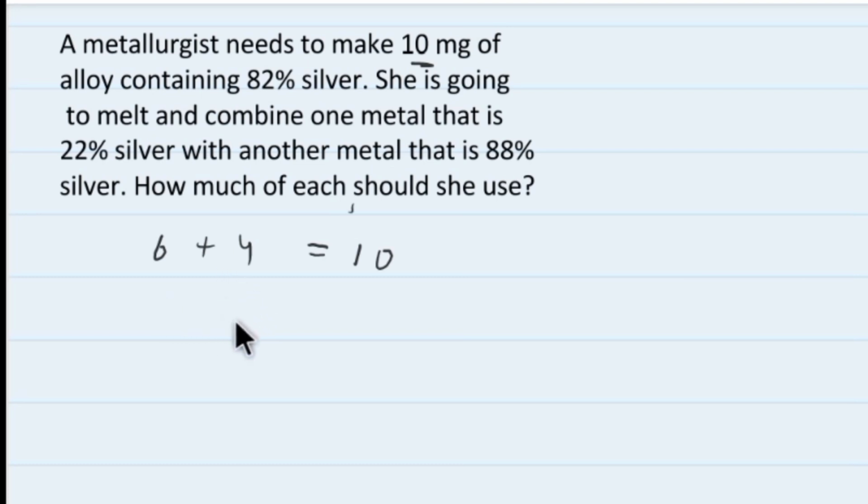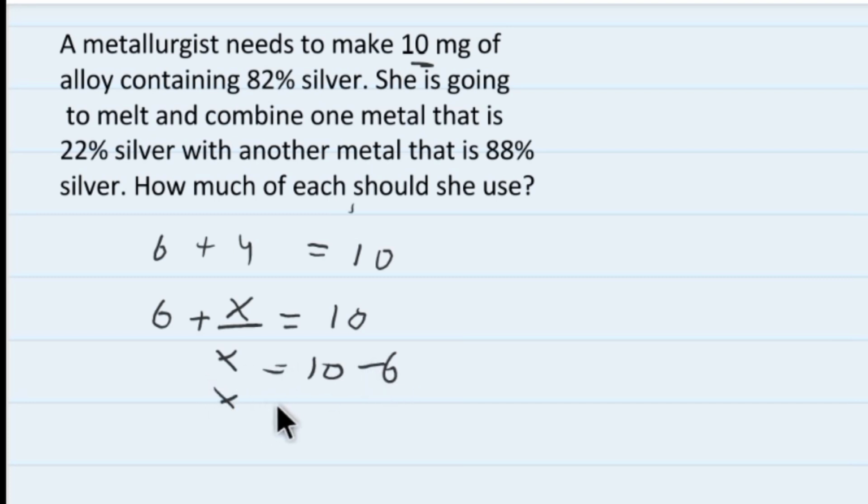Another way is, let us suppose I need to make the number 10. If one number is 6, then we can say that the other number is x. So how will we find this number x? We will find this x by subtracting 6 from 10.